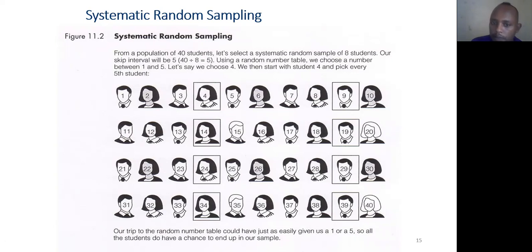But even though we know the 5th one became a member of our sample, we do not know which member becomes the first member or first sample in our sample. Therefore, the first sample that we took is random.